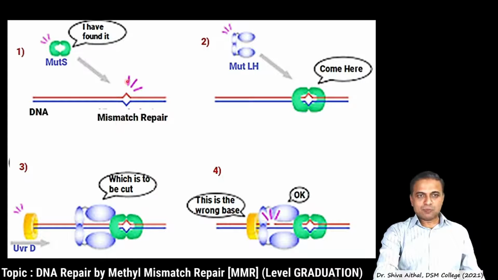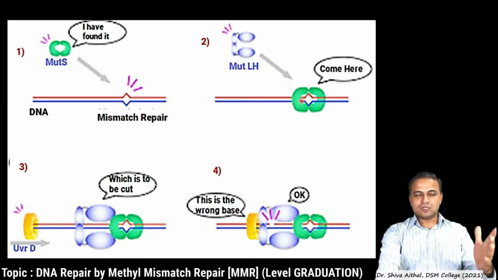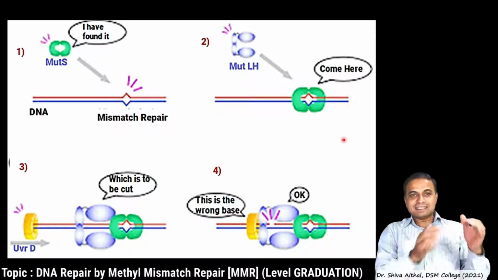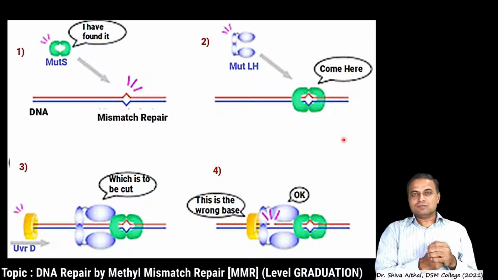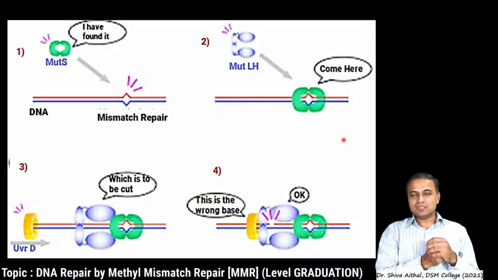How and when this happens, and how it sustains, I will explain in the future slides, but here you just see that it goes and sits on the mismatch. It is a protein enzyme with an affinity towards damaged DNA.